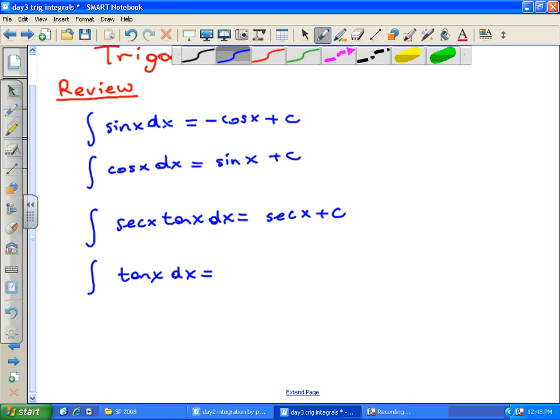This is negative ln of cosine. If you don't remember it, you can always derive it using u substitution, right? Write it as sine over cosine, let u be cosine. You can derive it, but it's good to remember that result as negative ln of absolute value of cosine x plus c.